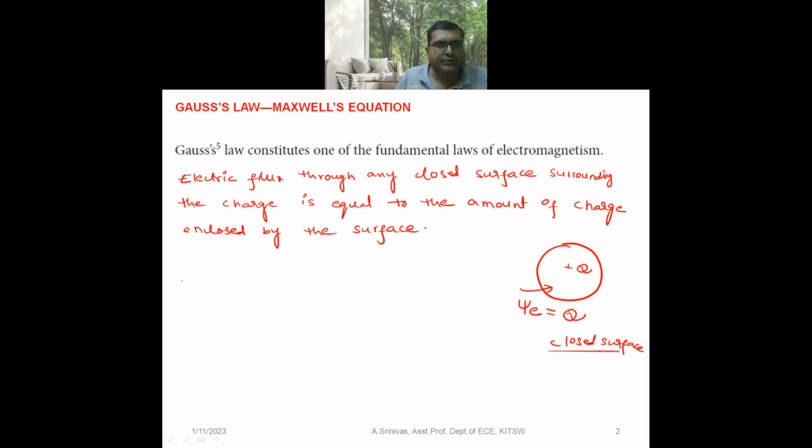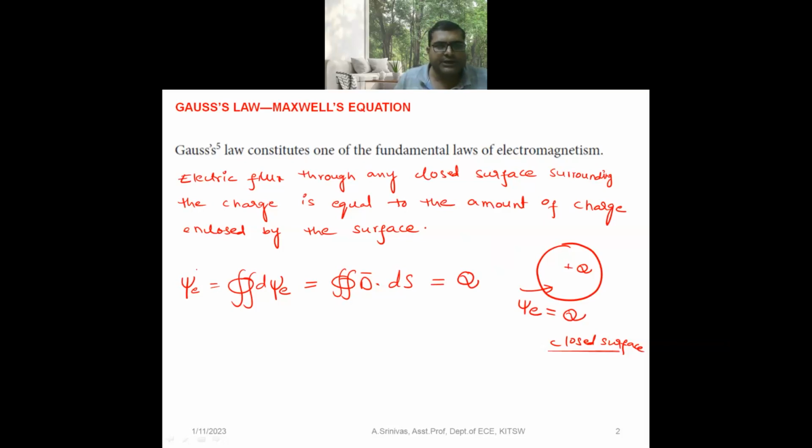So, from the statement of Gauss law, the electric flux is equal to the closed surface integral of differential electric flux, and by the definition, closed surface integral of D dot dS is equal to the amount of charge enclosed by the surface.